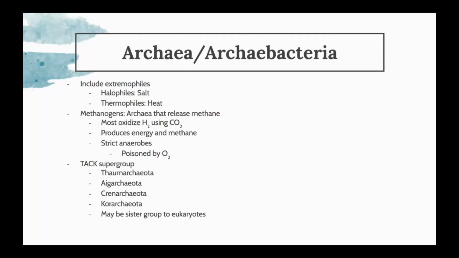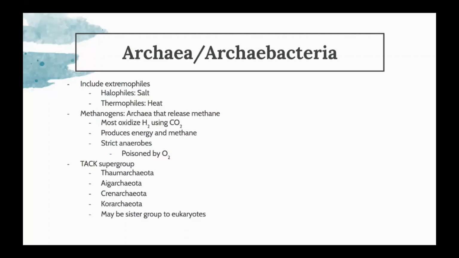And then we also have the methanogens. These are archaea that release methane, and they do this by oxidizing hydrogen into carbon dioxide. This produces energy and methane. What's really important about methanogens is that they are strict anaerobes, which means they are poisoned by oxygen, so they cannot live in environments with oxygen.